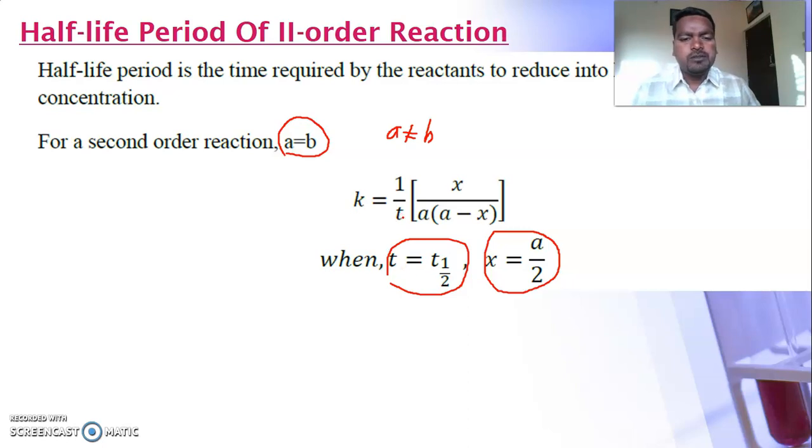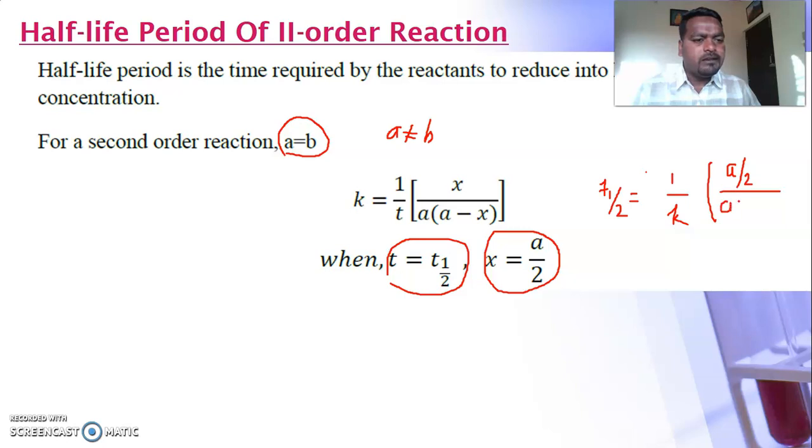Take t half to the LHS, and it becomes k is equal to 1 divided by t half into x, we know the value of x is A by 2, all divided by A into A minus A by 2. Simplifying, it gives 1 divided by t half into A by 2 divided by A into A minus A by 2, and A minus A by 2 is equal to A by 2, you know this.